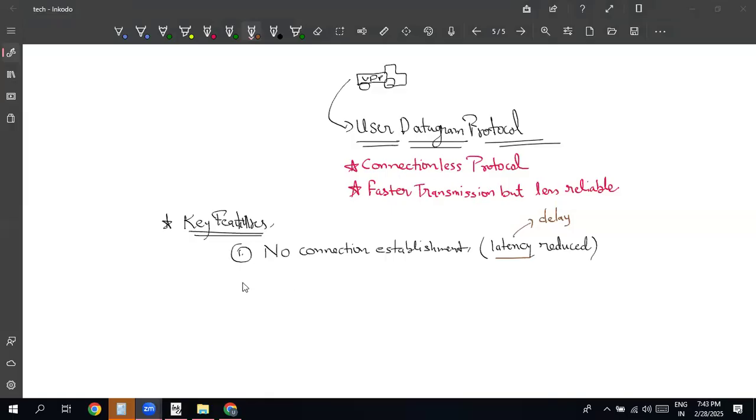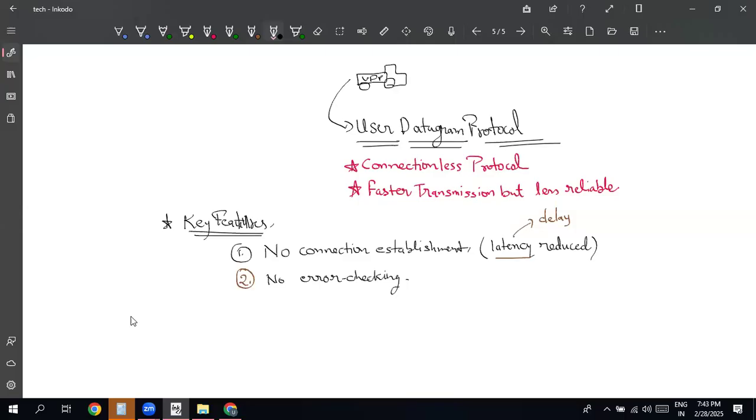Here, error checking is also not done. That's why it becomes even faster. Overhead is also very less here.